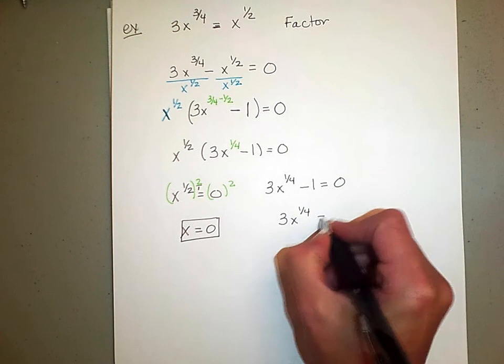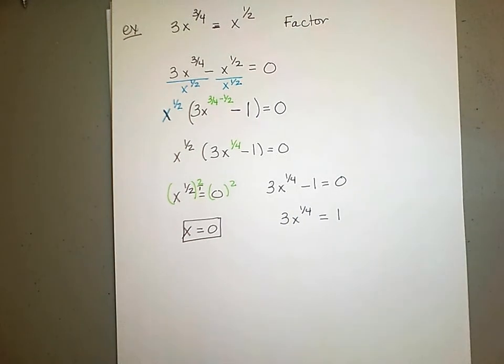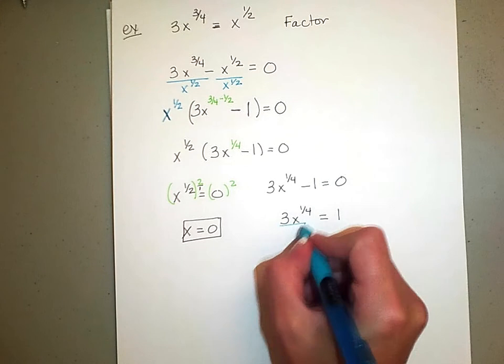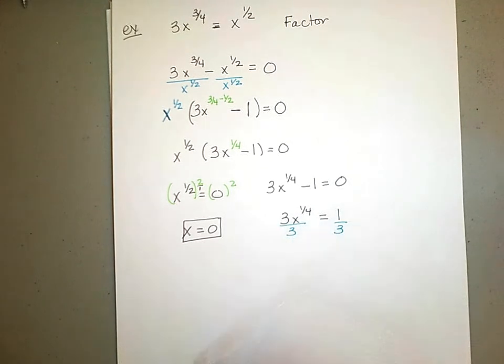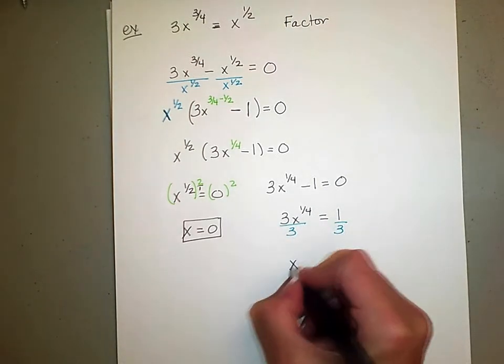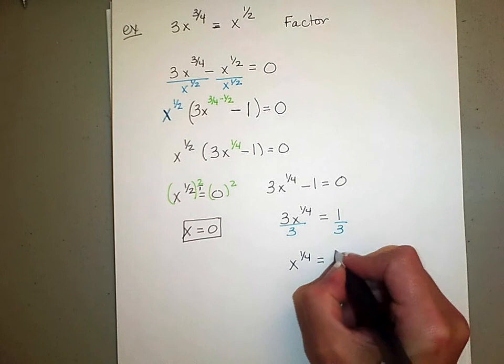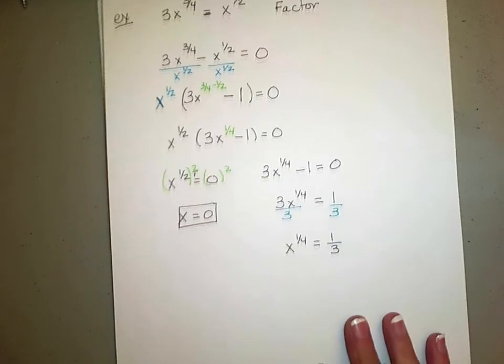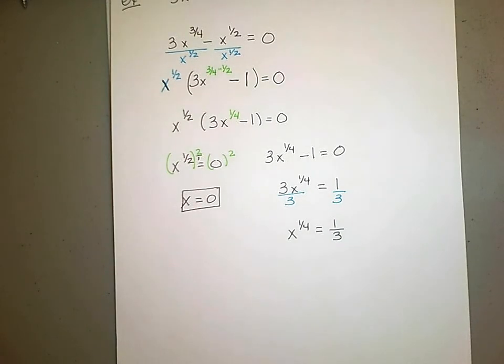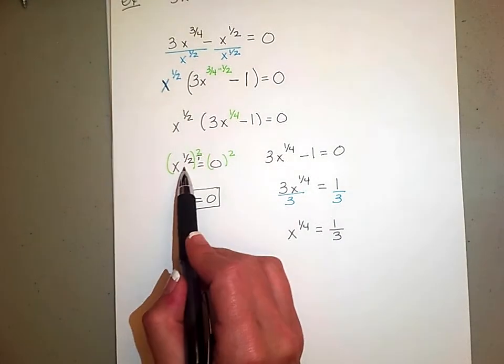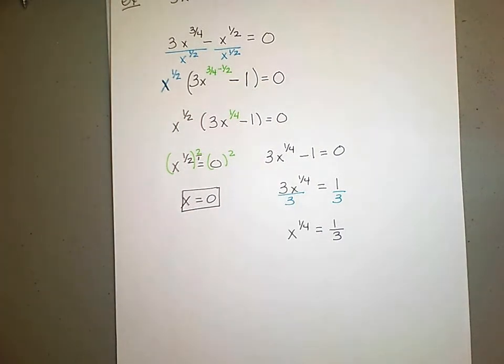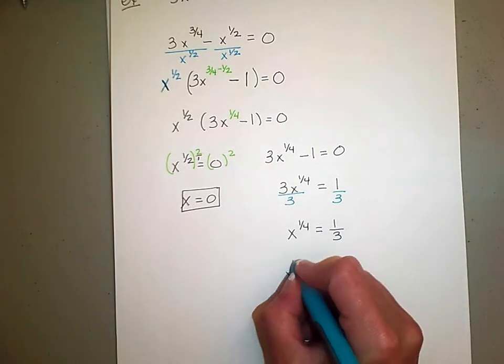Here we have 3x to the 1/4 is equal to 1 if I add 1 to both sides. Now let's divide by 3. So we have x to the 1/4 is equal to 1/3. And perhaps I should have done this over here and written it in radical form, so let's do that now.